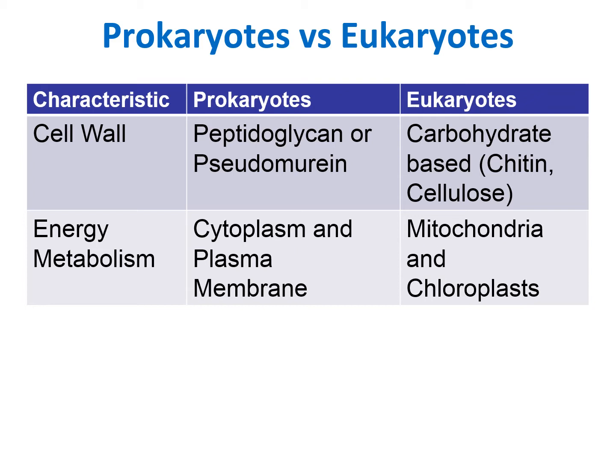For prokaryotes, ATP synthesis happens in the cytoplasm of the cell and at the plasma membrane. In eukaryotes, energy synthesis usually happens in the cytoplasm, but also in the mitochondria and chloroplasts.